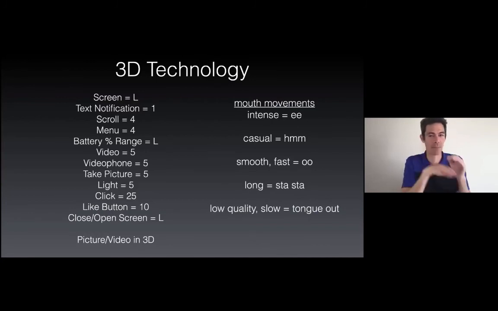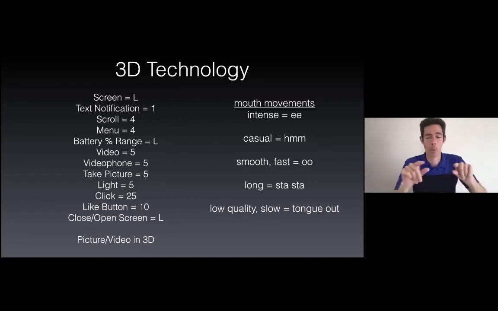And again, with the mouth movements, some of the basic verb descriptions that you would use as adverbs. So low quality or slow might be the tongue out. If I click on it and it takes a long time to open, I might use the tongue out.